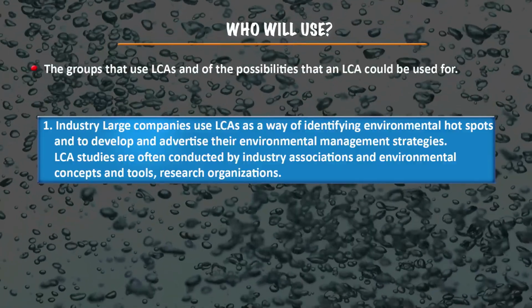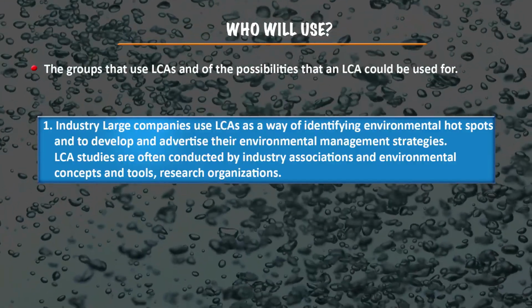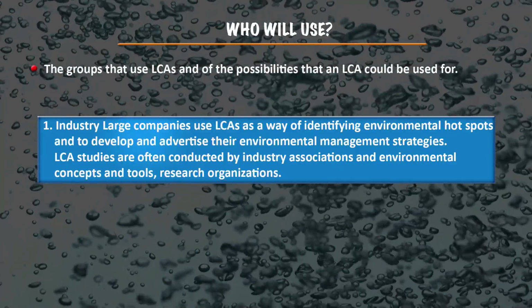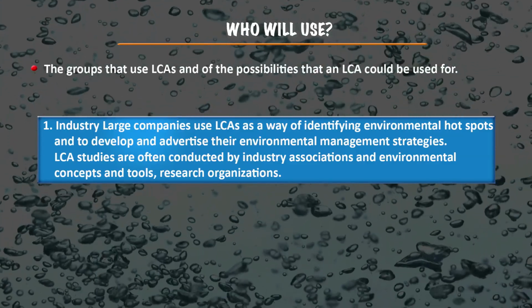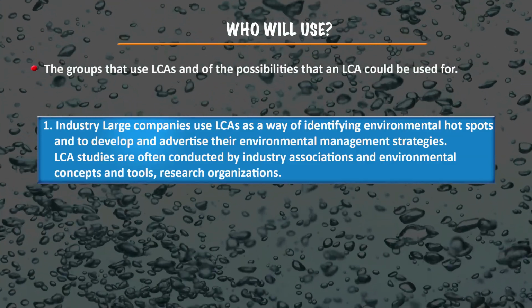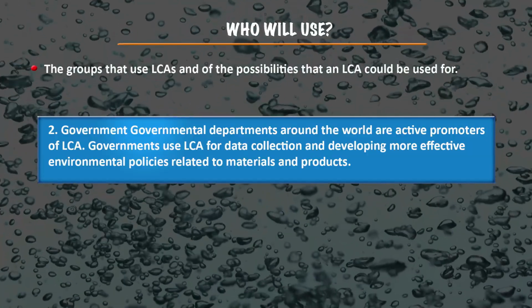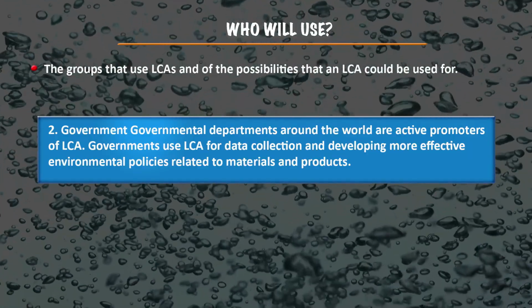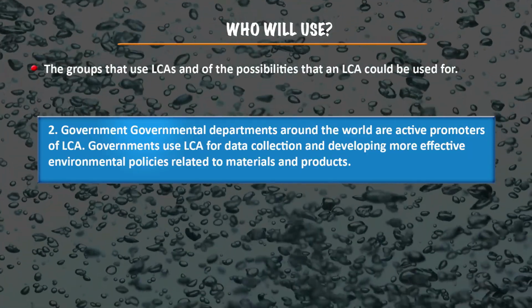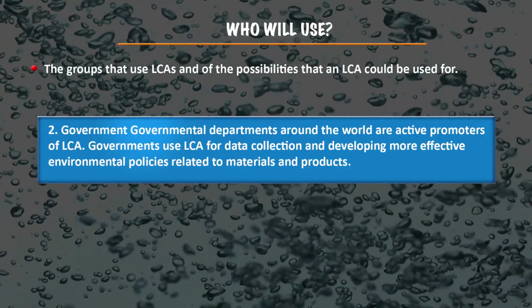Life cycle assessment studies are normally conducted by industrial associations and environmental concepts and tools research organizations. Sometimes governmental departments around the globe are also active promoters of life cycle assessment.